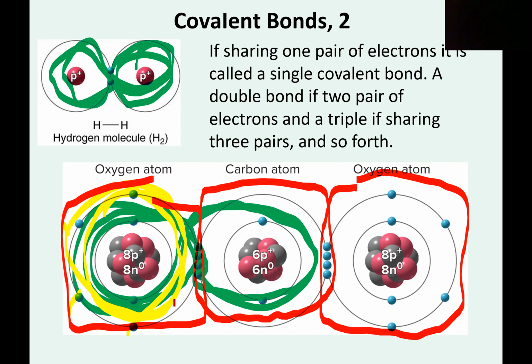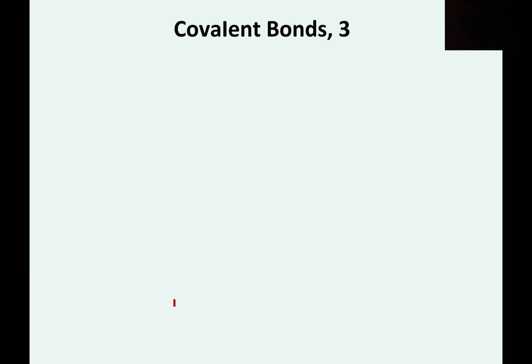Okay, so Lewis dot, again, Lewis dot for covalent bonds. So with carbon dioxide, we're going to put carbon in the middle.